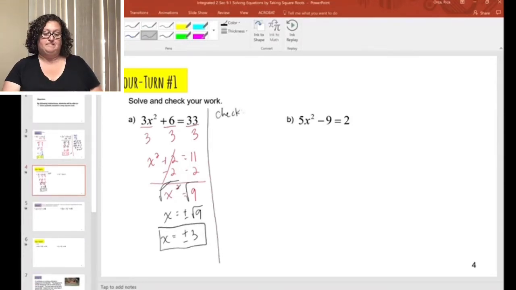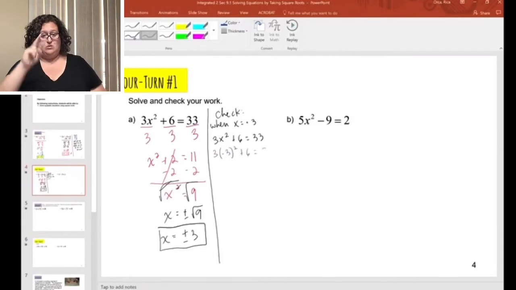So check when x equals negative 3. We have 3x squared plus 6 equals 33. Plug in the negative 3. 3 times negative 3 squared plus 6 equals 33.